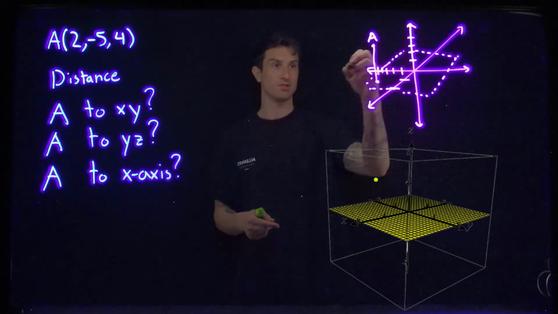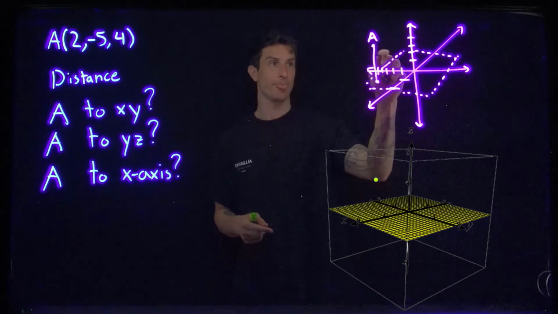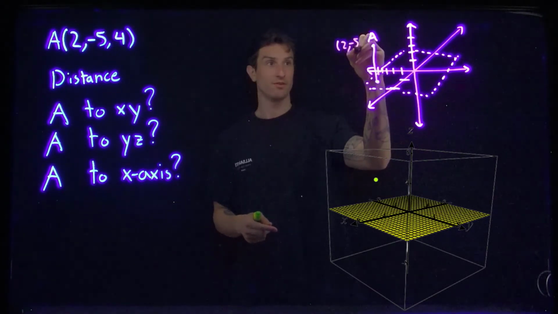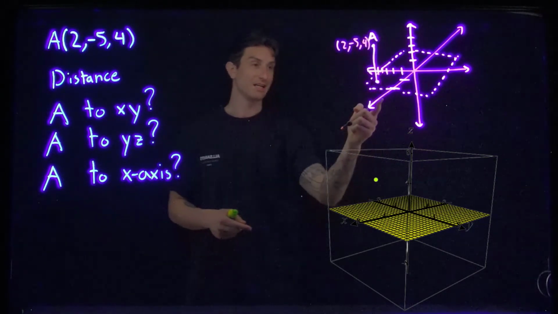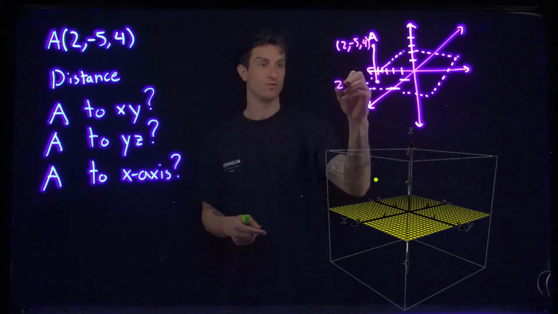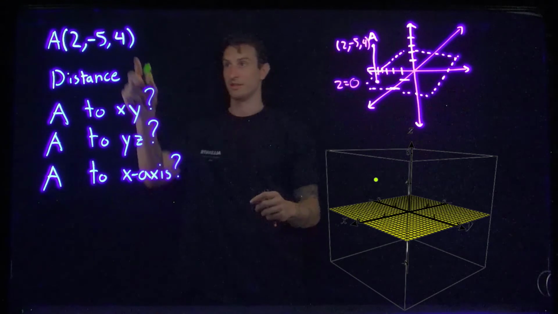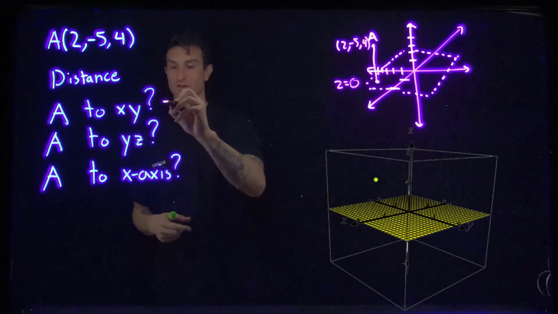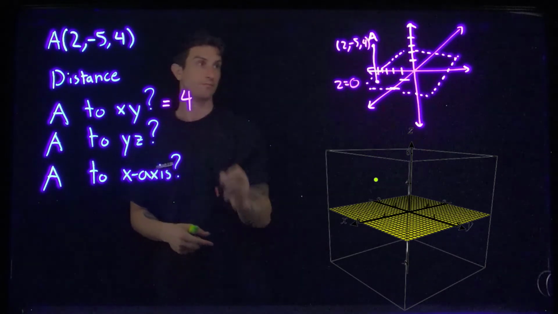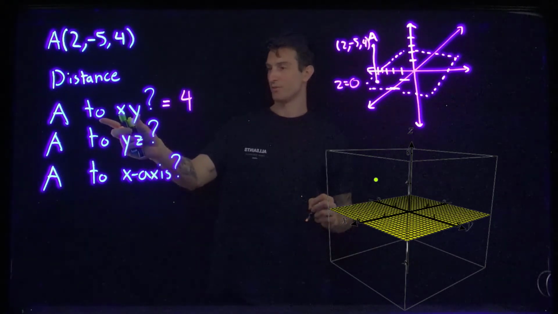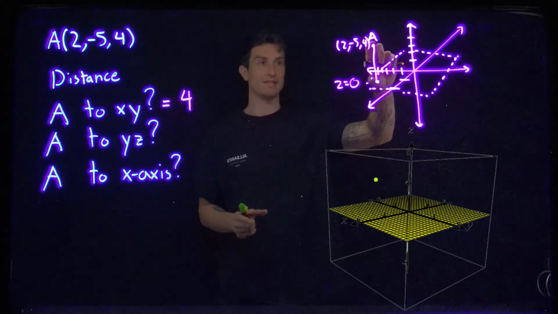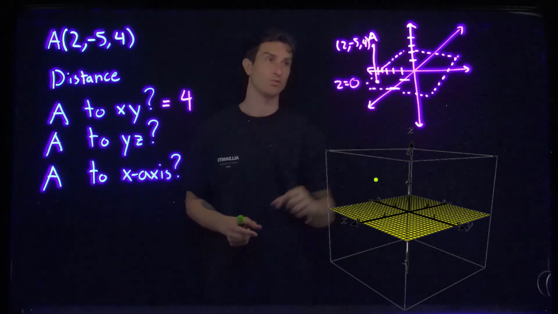So the difference is just the difference between z's here. Well, my z here, I have 2, -5, and 4. And in the xy plane, what's my z value? Well, my z value is 0. So the distance between 4 and 0 is just going to be 4. So if I'm drawing it down to the xy plane, I just need to look at the distance between my z values. That way I can get down to my xy plane.